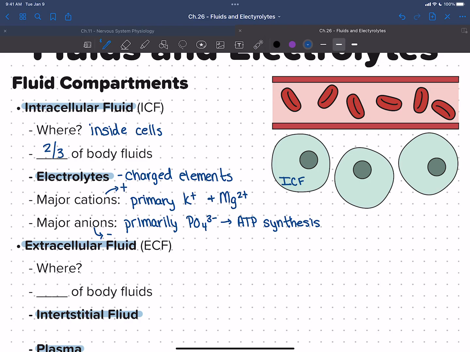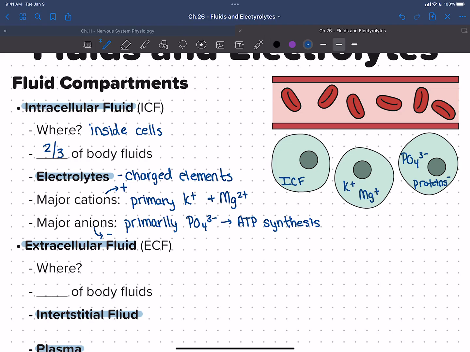So we can add that on the inside of our cells, we have potassium and we have magnesium. Those are our cations. And for our anions, we have PO4 3 minus and some proteins that are going to be negative. We'll just put a little negative up there just so we remember that those are negative.